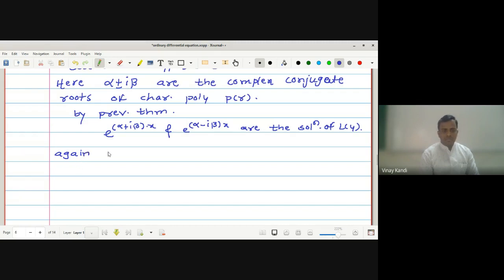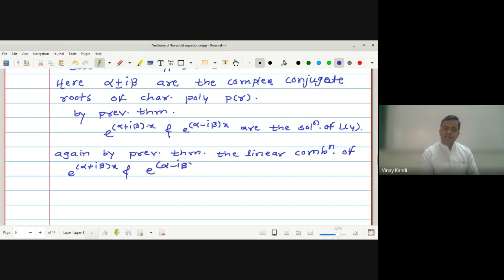So again by the previous theorem, we know that the linear combination of e raised to alpha plus i beta x and e raised to alpha minus i beta of x is the solution of L of y is equal to 0.